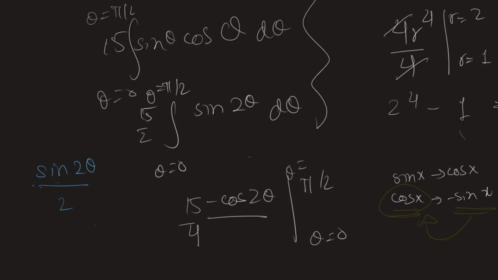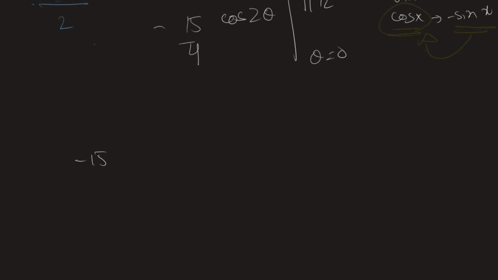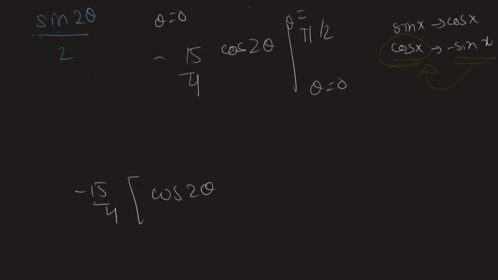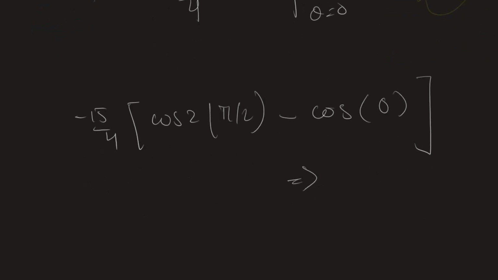So negative 15 over 4 cosine 2 theta, and theta is gonna be replaced with pi over 2, so pi over 2 minus cosine of 0. If you solve this, you should get a fraction, and that is gonna be your final answer.